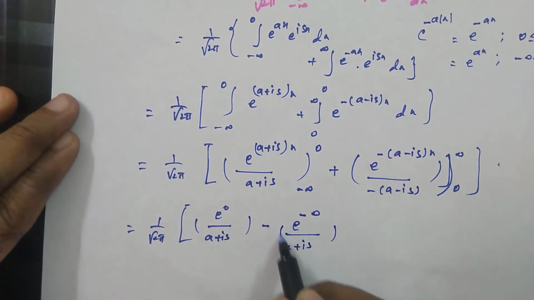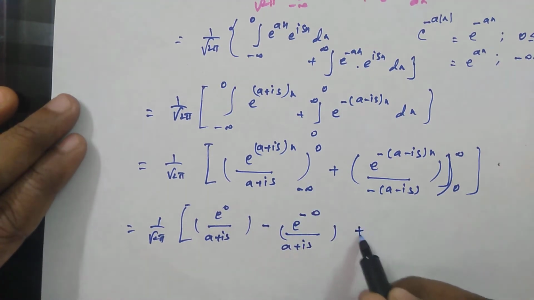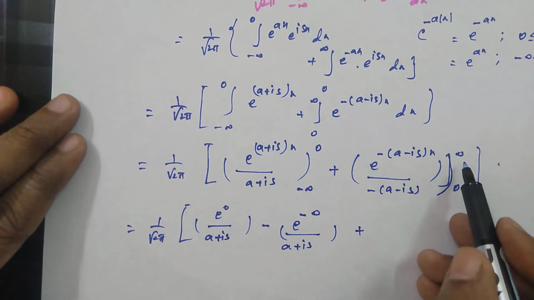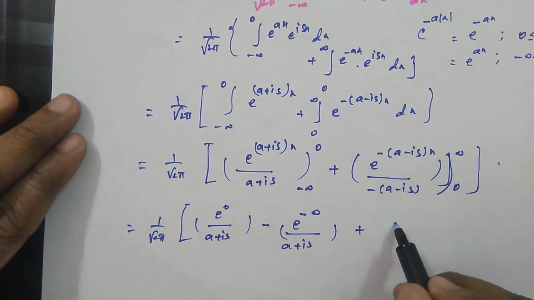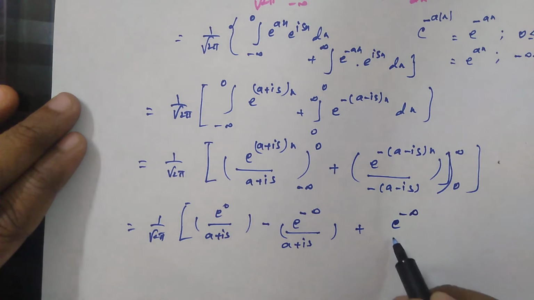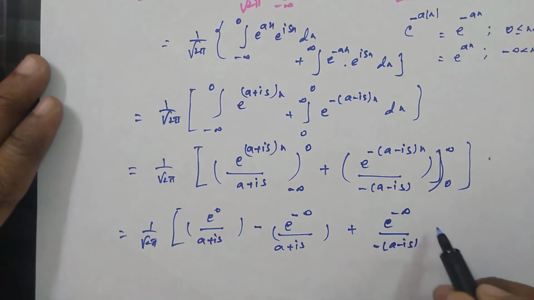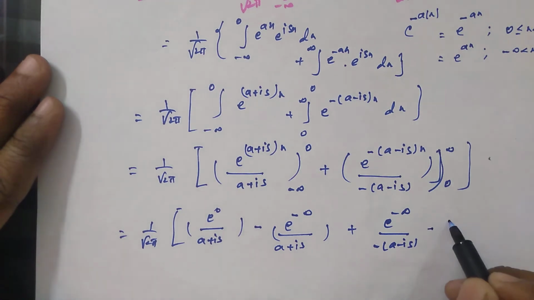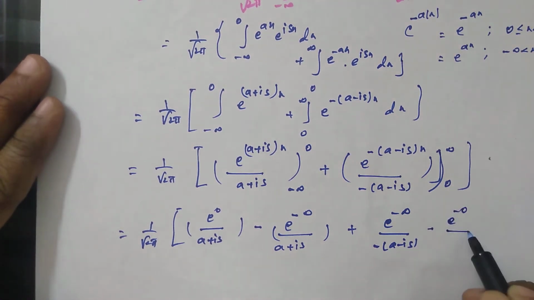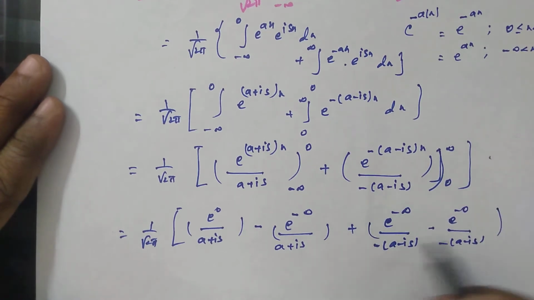Plus here, the upper limit is infinity and the lower limit is 0. So, e power minus infinity divided by minus (a minus is) is the upper limit, minus the lower limit, e power minus 0 divided by minus (a minus is). So, now we have applied the limits for all the terms.